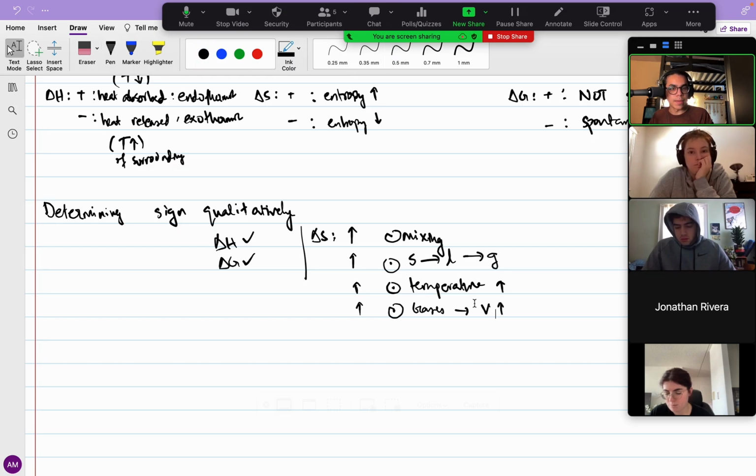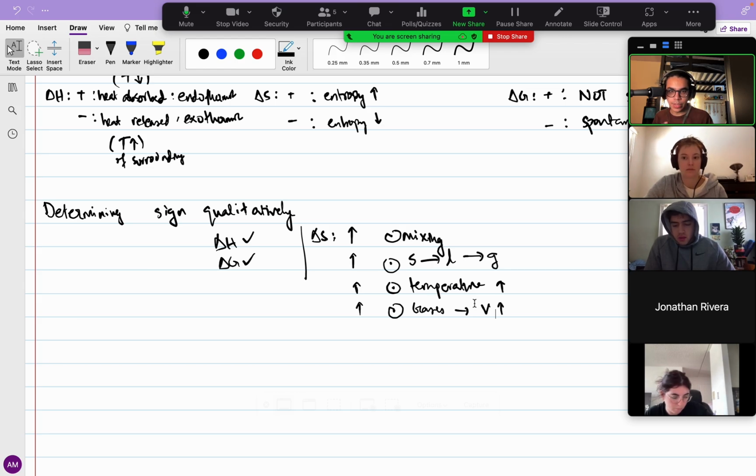The reason being, molecules have more volume to access and fly around in. So now a lot more configurations are possible, so the entropy goes up. So there's that. These are the 4 qualitative metrics you'll use to figure out if entropy increases or decreases.